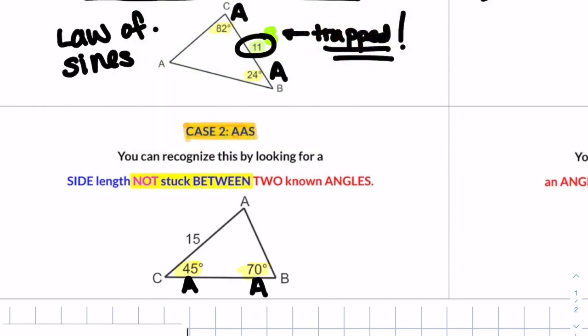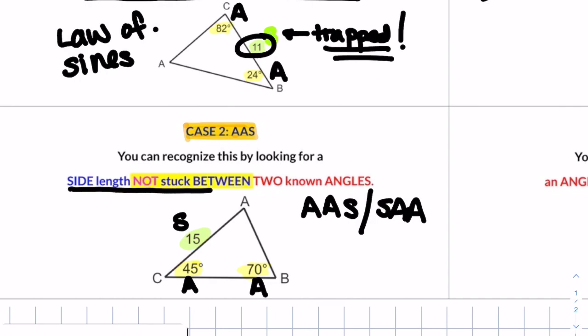Now it is not. It is over here off to the side. So that is a different case that we call AAS, or you could call it SAA, either one. I normally write AAS. But you can see that that is a side length that is not stuck between two known angles, and that's going to be another case where you're going to use the law of sines.